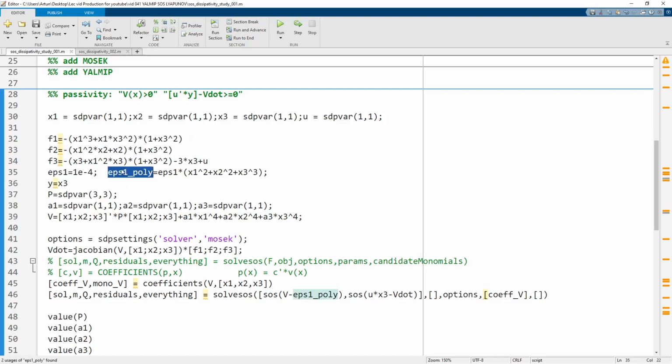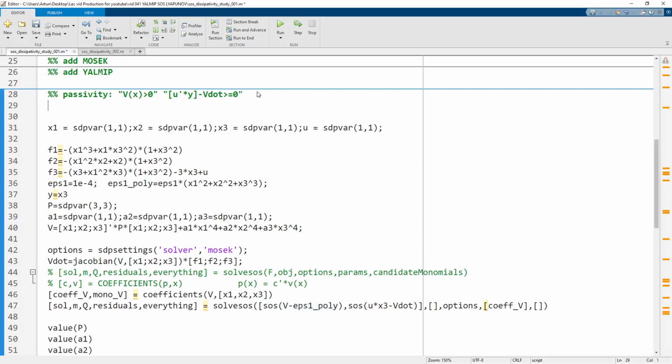Okay, epsilon polynomial, we will use that because we want to determine if V of x is positive definite or not. And as you recall, we often do that. Let me say a little word on this.